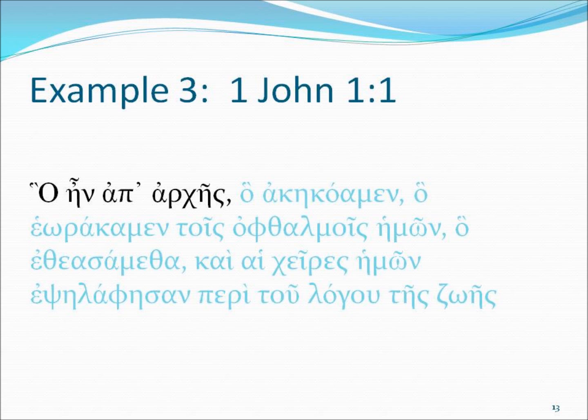The first cluster, ho ēn ap' archēs. Nothing here that should stand out as being exceptional.